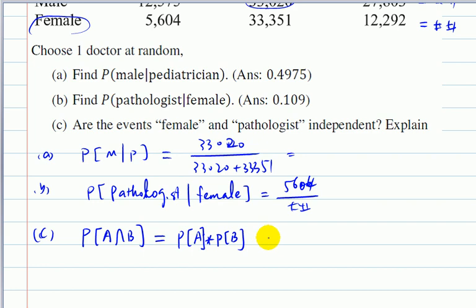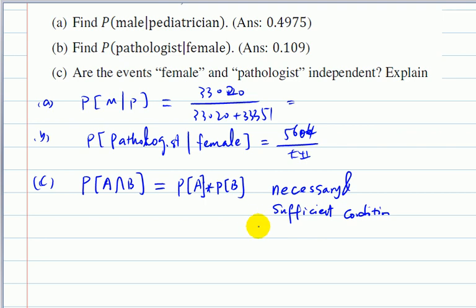Okay, so this is the so-called necessary and sufficient condition for independence.